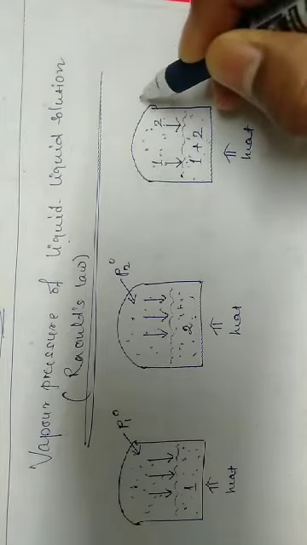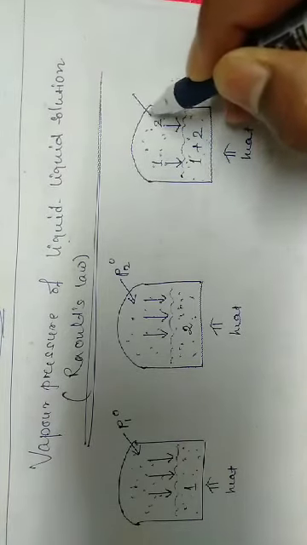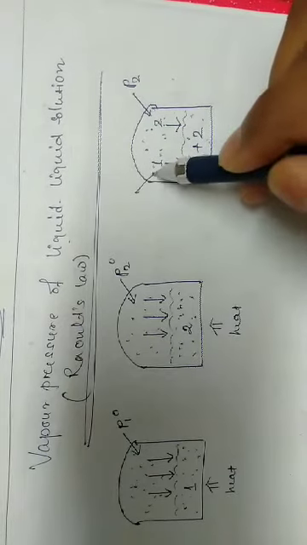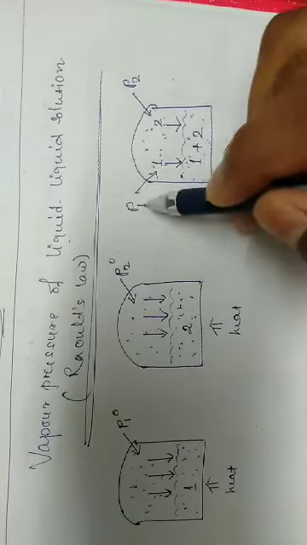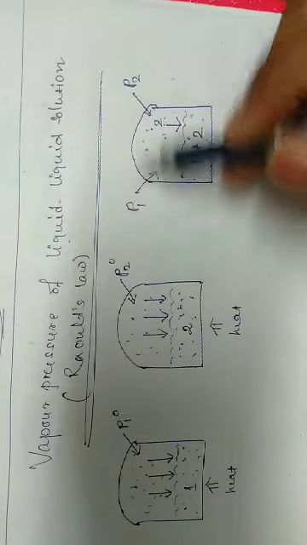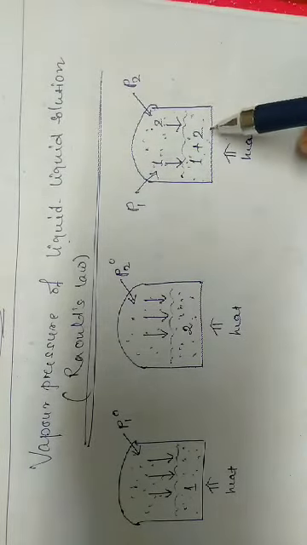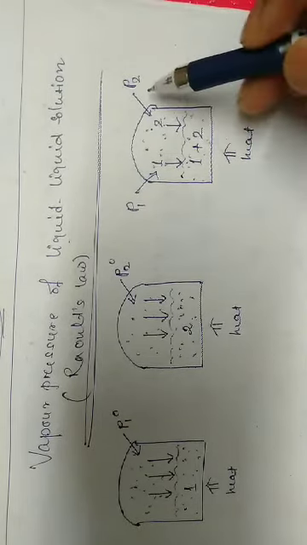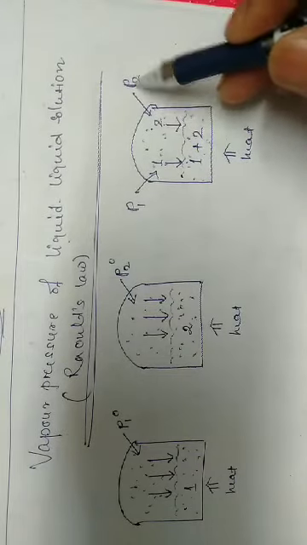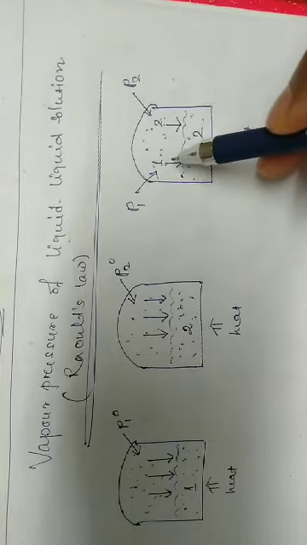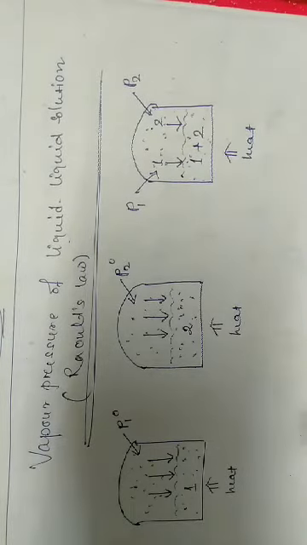Let us consider the vapor pressure due to component 2 as P2, and the vapor pressure due to component 1 as P1. Why is naught not written here? Because these are not pure components here; 1 and 2 are mixed, so it becomes a solution, a mixture. So the vapor pressure due to component 2 is P2 and the vapor pressure due to component 1 is P1.